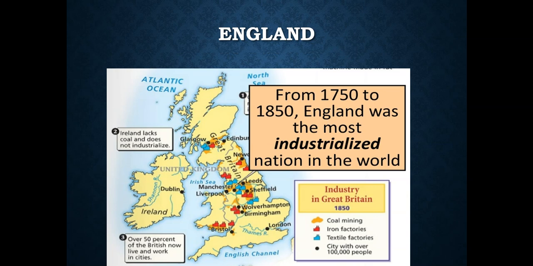Now, before we go on to the main points of our lesson today, this is a map of Great Britain from around the 1750s to around the 1850s. As you can see, England, Great Britain, was extremely industrialized, and actually it was the most industrialized nation in the world.